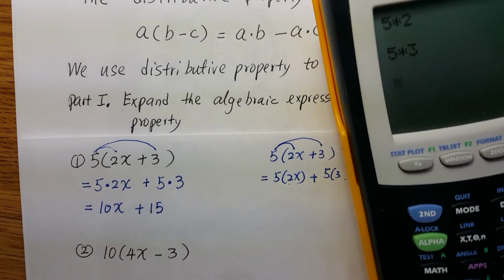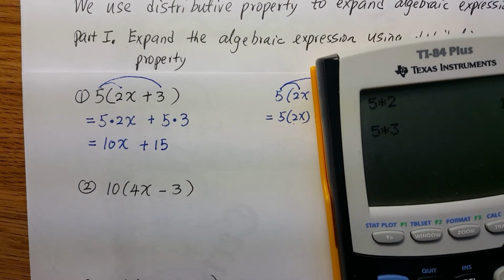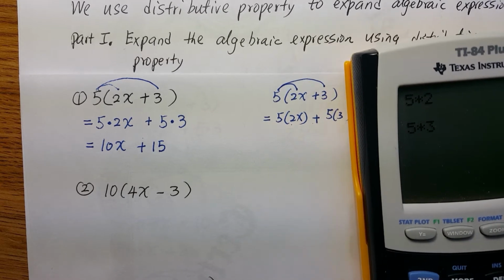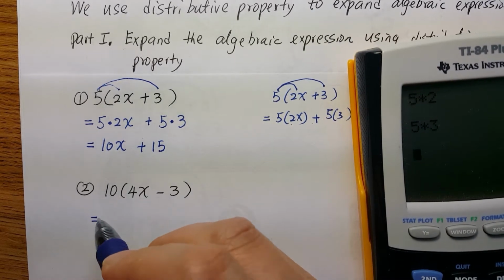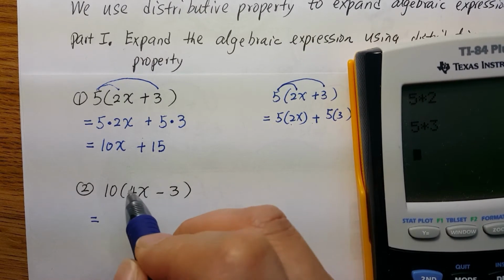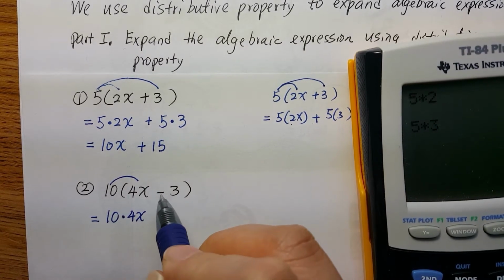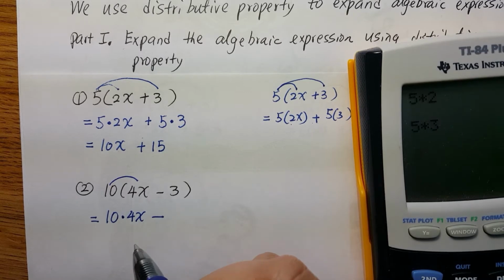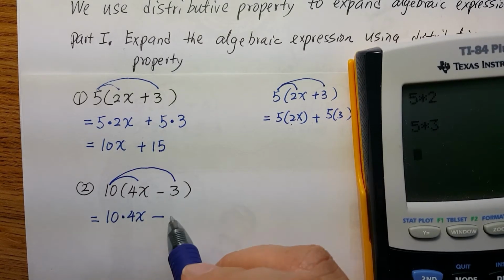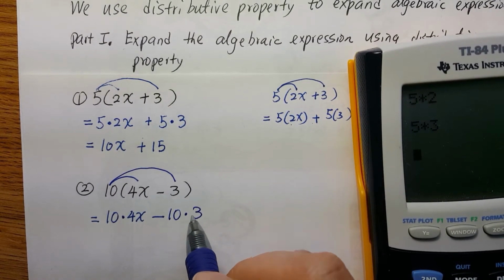Now let's take a look at question number 2. We have 10 times parentheses 4x minus 3. The number outside is 10, so use 10 to multiply each term. 10 times 4x. In the middle is subtraction, so you write down subtract and you go back to do 10 times 3.